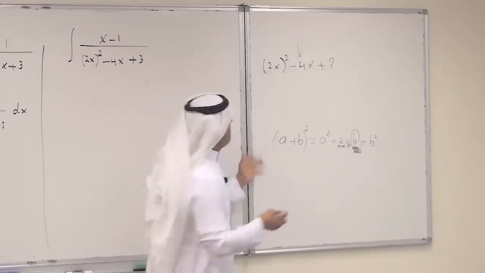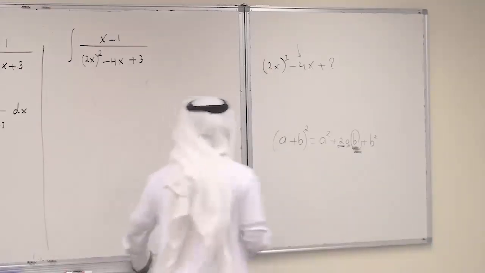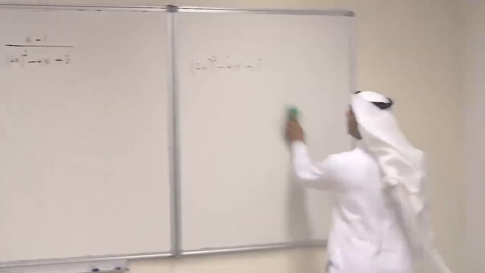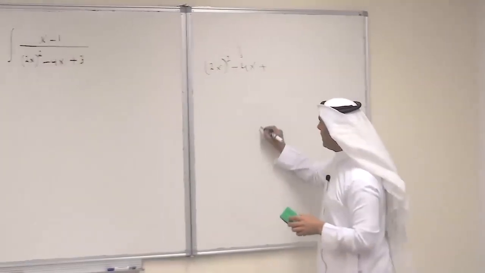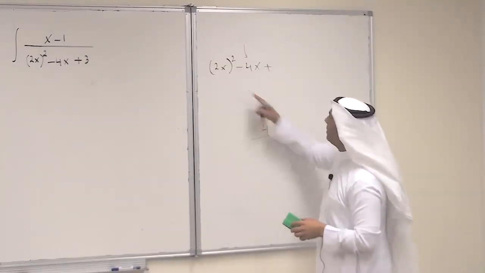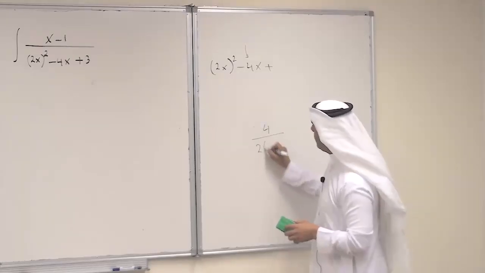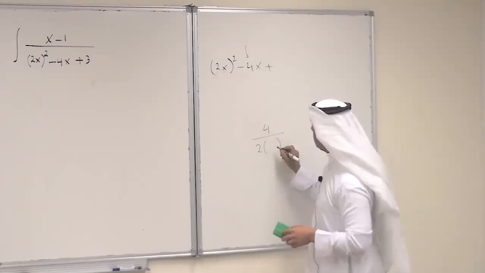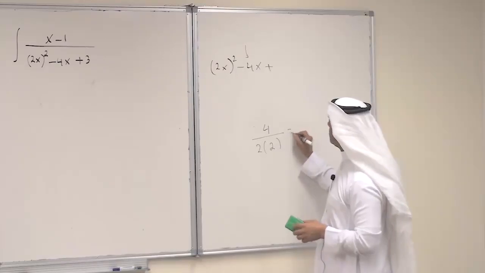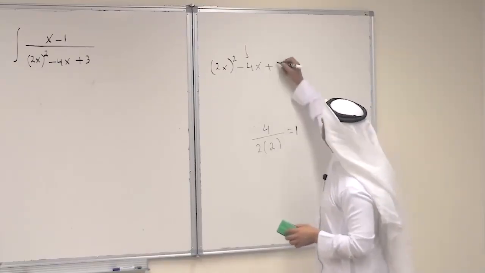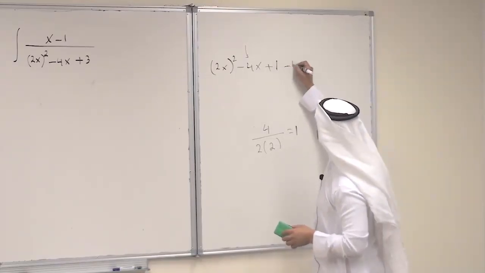So what do we have here? In order to complete the square, I take the 4, divide it by 2 in the formula, then divide it by the coefficient of x here, which is also 2. That's equal to 1. So I will add 1 and subtract 1.